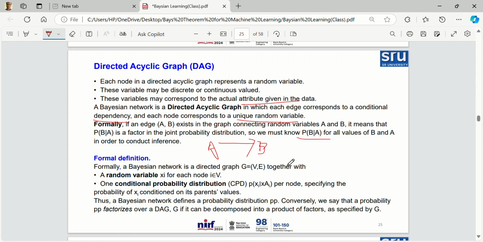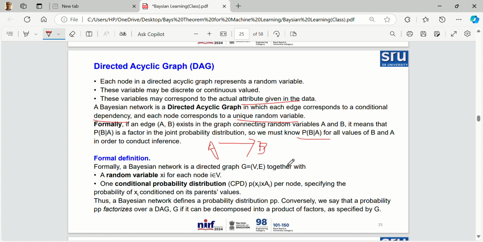Now the formal definition. A Bayesian network is a directed graph G = (V, E), the set of vertices and edges, together with a random variable xi for each node i in V, and one conditional probability distribution, CPD, P(xi given parents of xi), for each node, specifying the probability of xi conditioned on its parents' values.